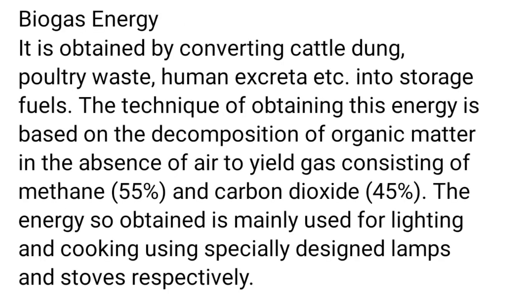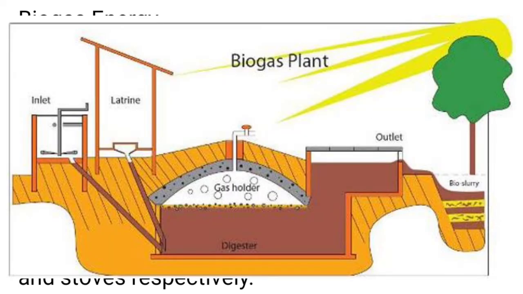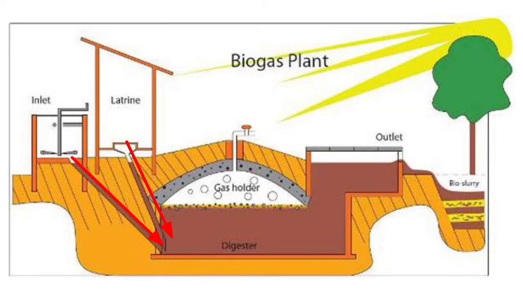Now, biogas energy is a very important non-conventional source of energy, because here wastes are utilized, especially human excreta and animal excreta. During their decomposition, the gas which is obtained is utilized for cooking and lighting purposes.